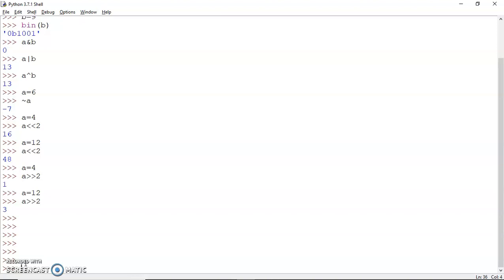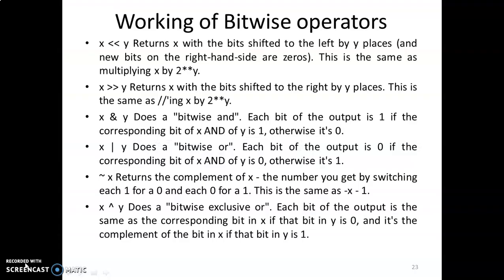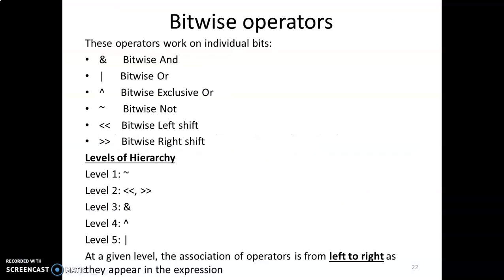Okay, so let us now go back to our presentation and discuss how these operators are placed in terms of hierarchy. So the bitwise not is at the top of the hierarchy. Among these operators, bitwise not is at the top. After that come the shift operators, the left and right shift, they are at the same level, so their association is left to right.